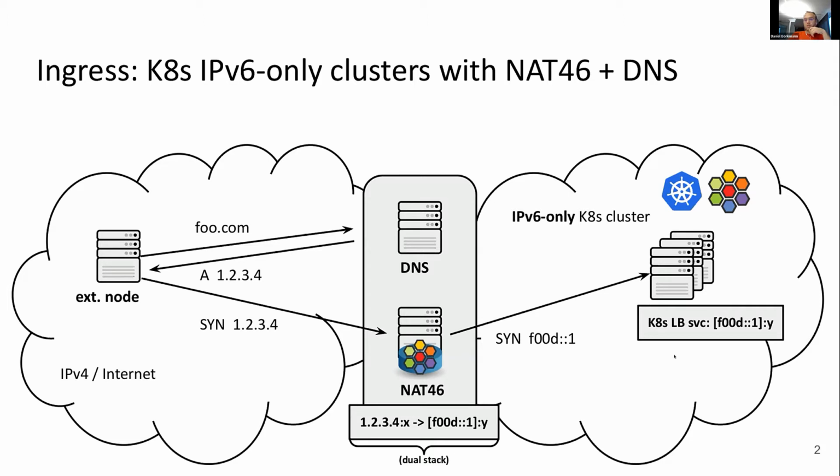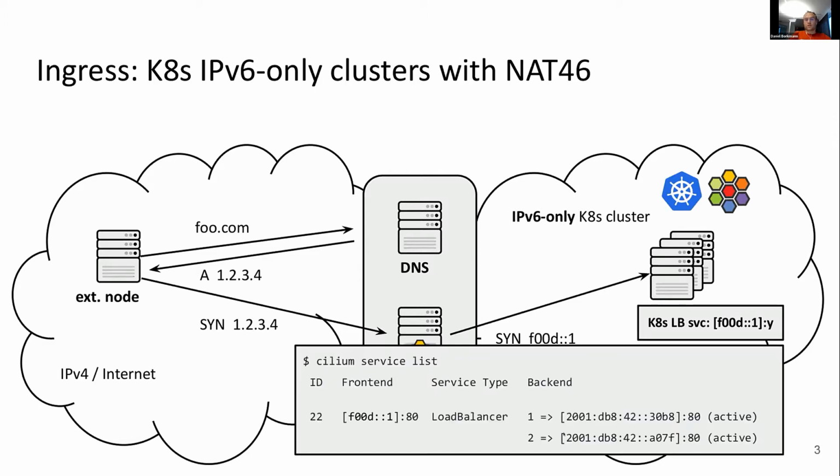And then the cluster, as Kubernetes natively does, for example with Cilium's kube-proxy replacement in eBPF, will then handle the service and be able to translate it to one of the backends.